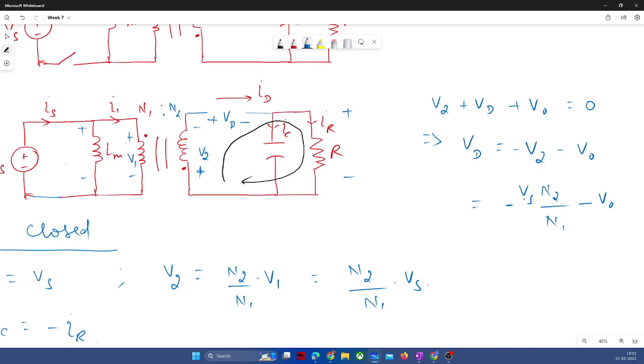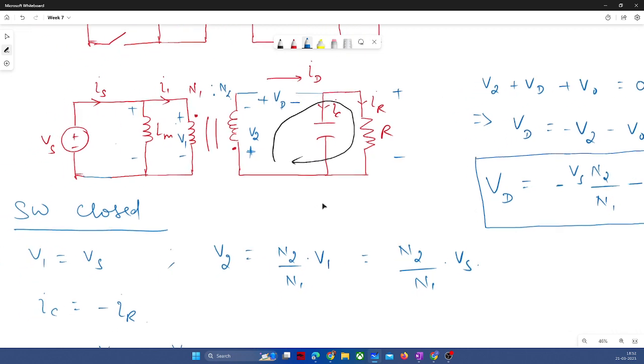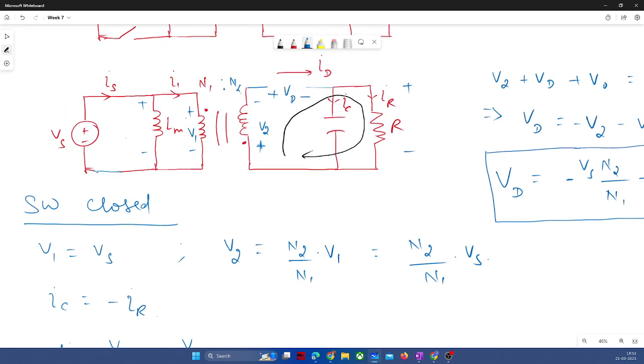And the amount of voltage that it needs to block, the withstand capability, is minus Vs into N2 by N1 minus V0. That's how we compute the blocking capability of the switch. Since our primary switch S1 is on, we do not need to compute it at this time, but when it is off, during the off period, we will compute that as well.